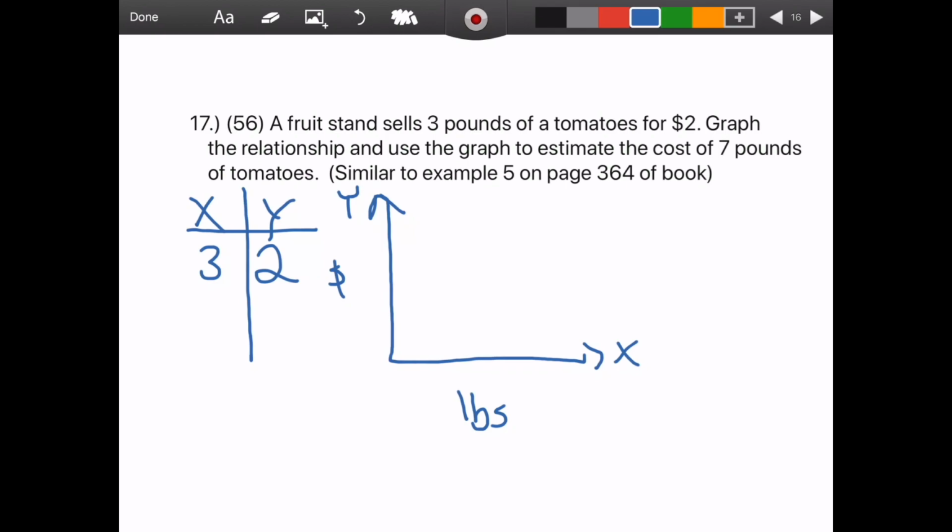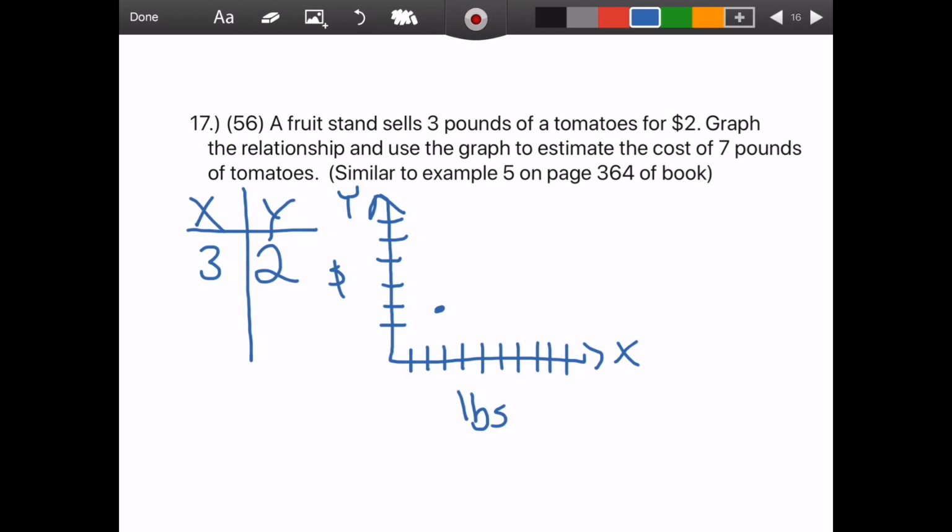So we know that, let's see if we go up 1, 2, 3, 4, 5, 6, 7, 8, 9, 10. I'll go up to about 10. And let's go up to 1, 2, 3, 4, 5, 6. So we know that 3 pounds is $2.